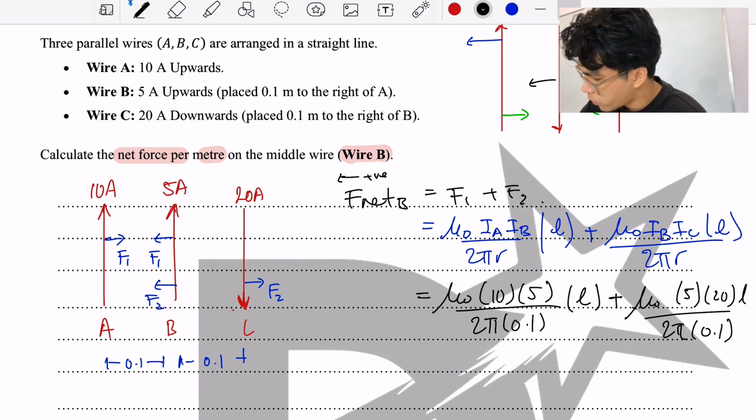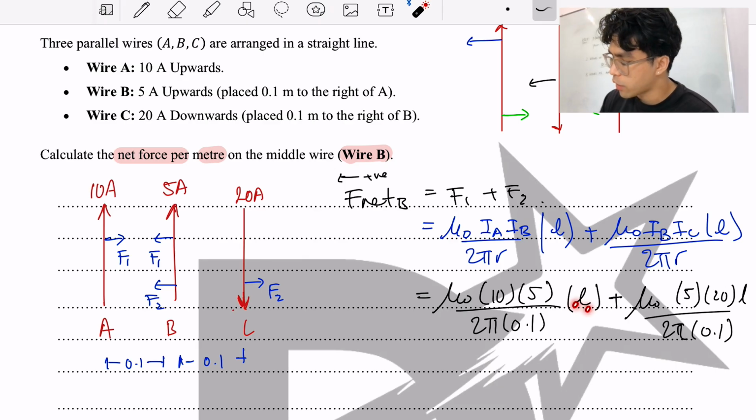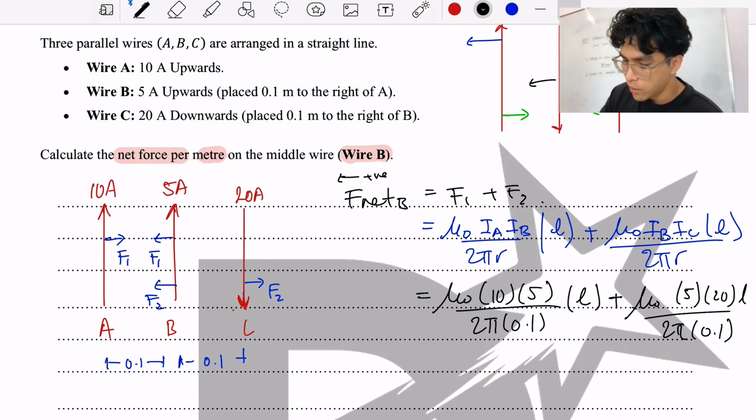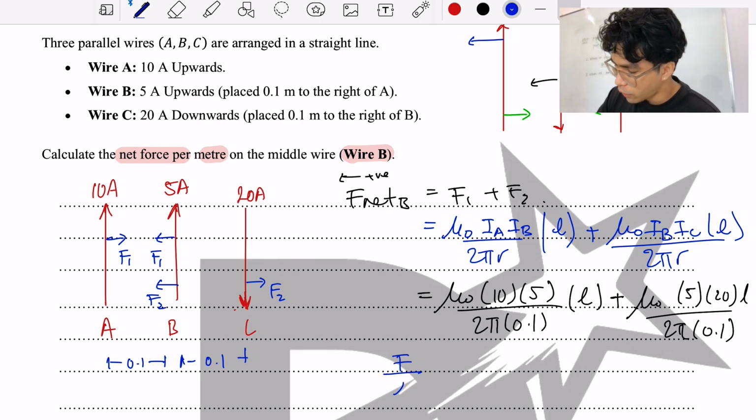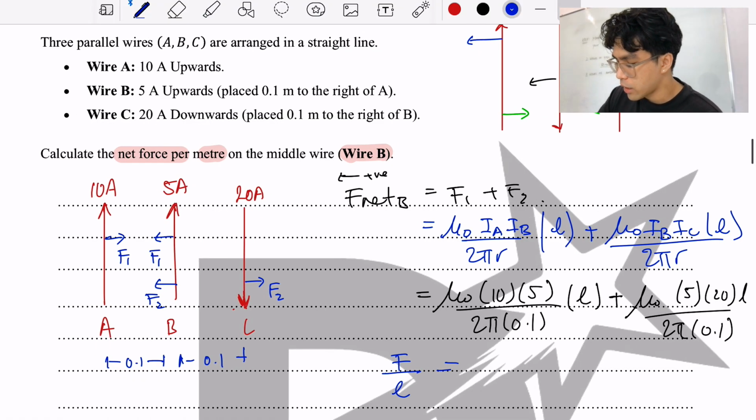Now you guys might be wondering, why am I putting in L instead of just putting in 2? Something I forgot to mention is it's asking for force per meter. Because they're asking for force per meter, I need to make sure to divide everything by L, so the L cancels out anyways. And what you're left with is the force per unit length is equal to the values found here, okay?